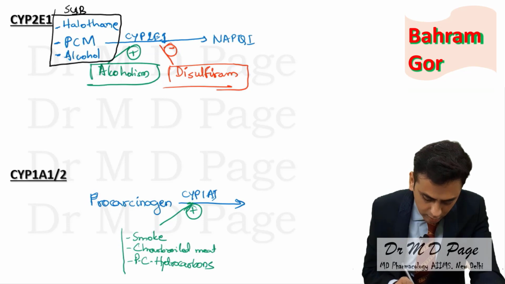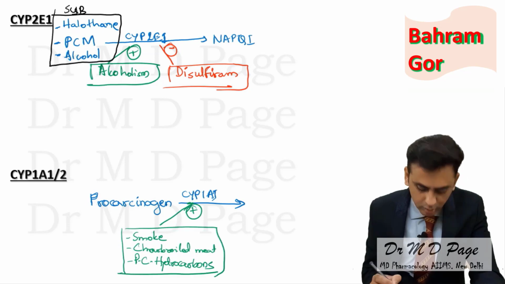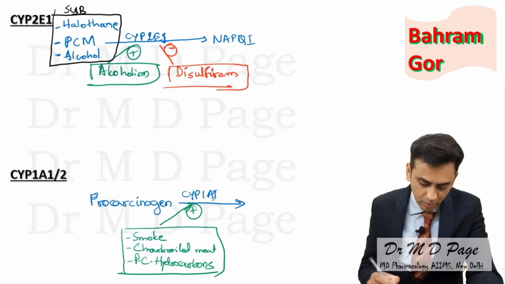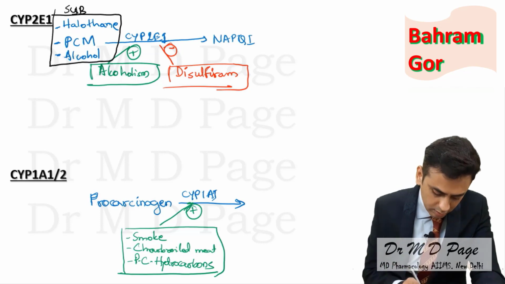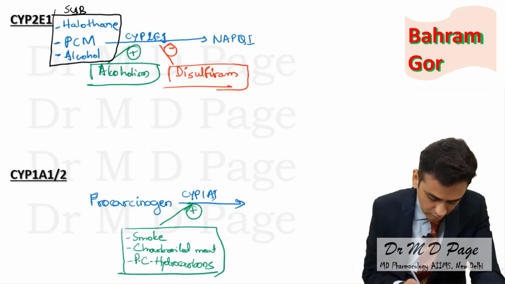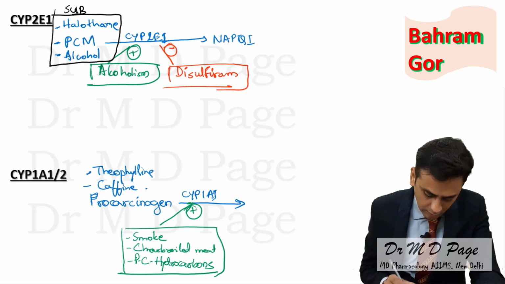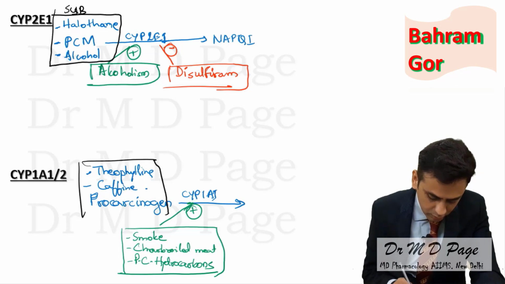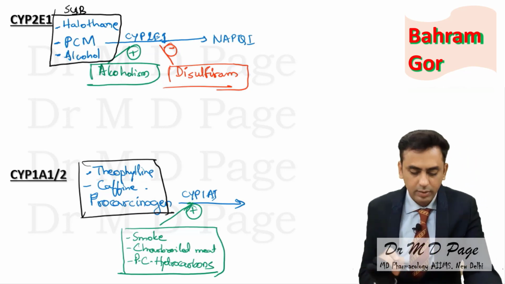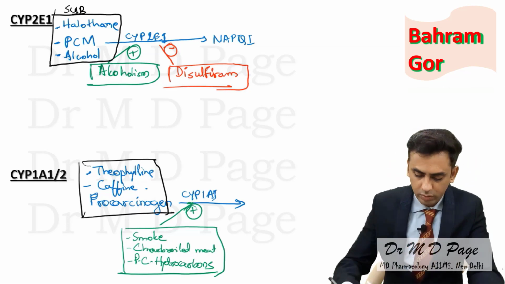So these are the inducers of this CYP1A1. If you want to remember a few more substrates, like which drugs are substrates, you can remember two examples, that is theophylline and caffeine. So these are the substrates of CYP1A1 and these are the inducers of CYP1A1.